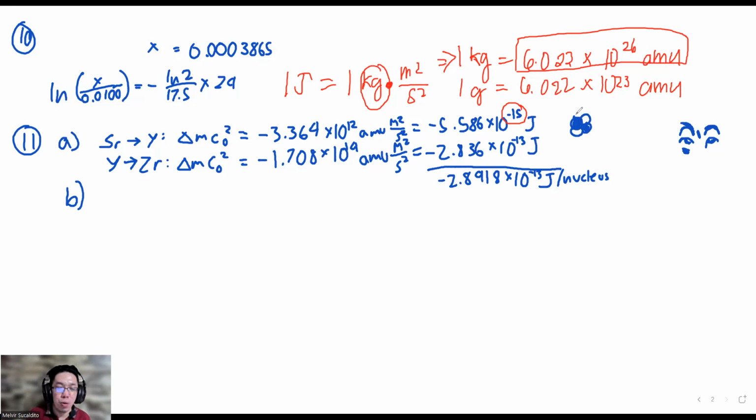Starting from 1 mole of strontium-90, we're not asking for the amount of moles left after a year. Instead, how many moles of strontium-90 will decay after a year?